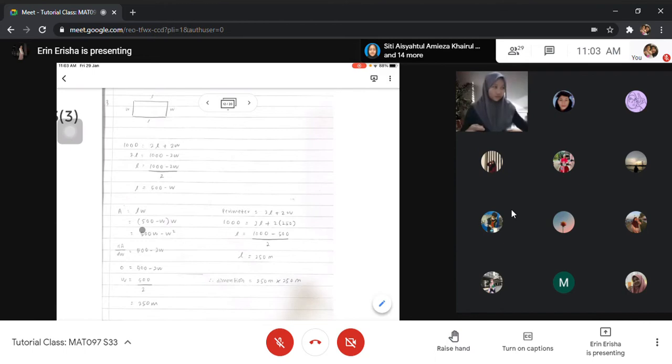And then saya guna formula area, length times width, dan masukkan equation length dengan 500 minus width times width. And then saya dapat 500W minus W square. Saya differentiate, dapat 500 minus 2W, and then saya find the W punya value, which is 250 meters.